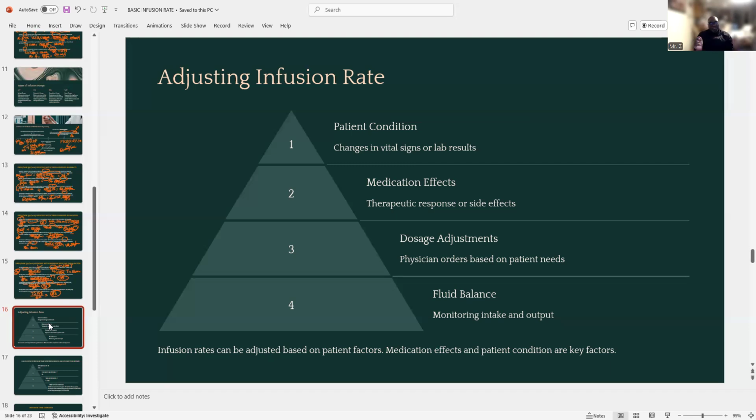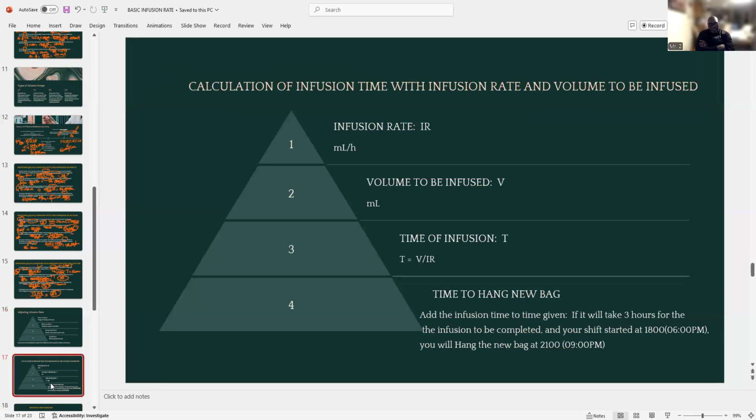So the medication effect and the fluid balance also can have an impact on the infusion rate. But how can we find the infusion time? If they say you have to infuse 1,000 milliliter of normal saline, and that infusion has to happen at the rate of 100 ml per hour, and they want to know how long it will take for the infusion to finish.